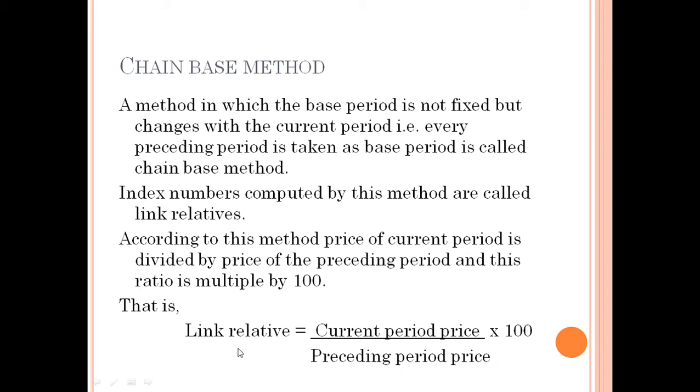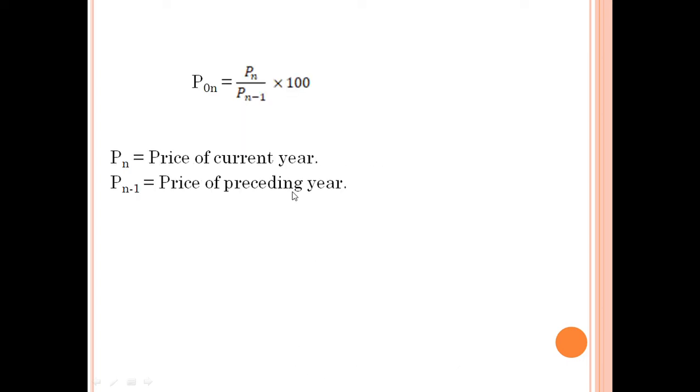That is, link relative is equal to current year price divided by preceding year price multiplied by 100. Preceding is the previous year of the current year. So here it is written as Pn divided by Pn minus 1 multiplied by 100. Pn is the price of the current year and Pn minus 1 is the price of the preceding year.